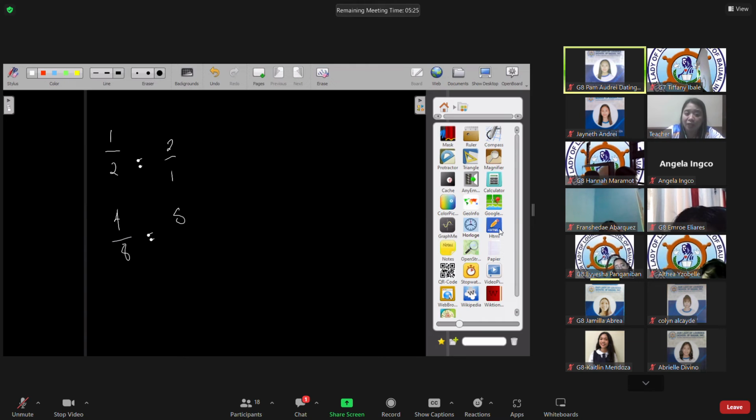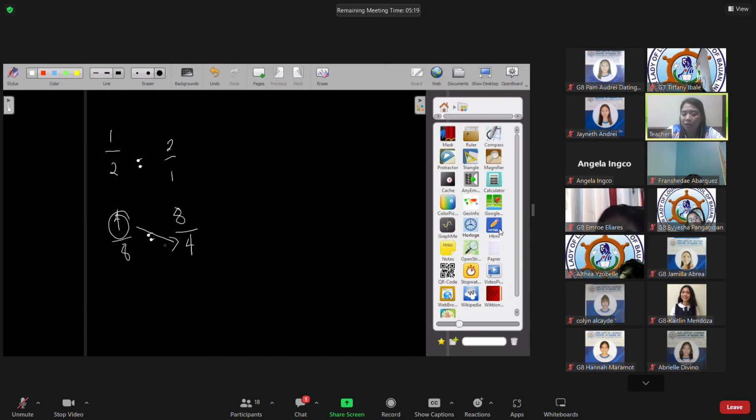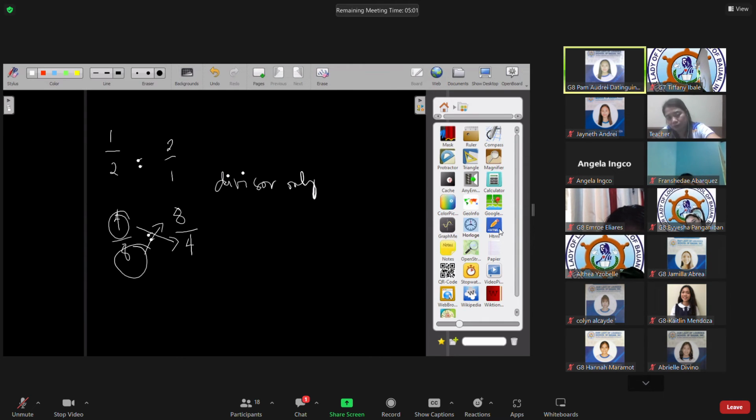Meaning to say, yung ating numerator, dadalhin natin sa denominator, at yung ating denominator magiging numerator. And this is applicable on the divisor. So, ano ba yung divisor? The second one. Okay, the second one.